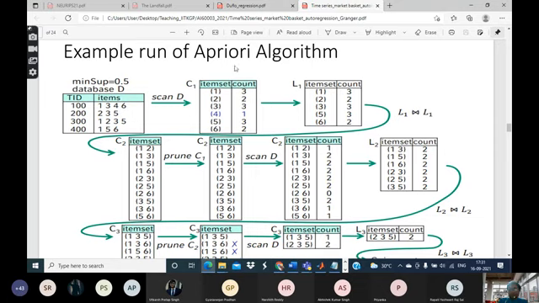As I said earlier, a priori was not originally meant for time series analysis, but we can use it also. So let us forget these transaction IDs and just assume that all the items were purchased by a customer in this order: 1 3 4 6 2 3 5 1 2 3 5 1 5 6. This is the time series of purchases we have, but there are also timestamps.